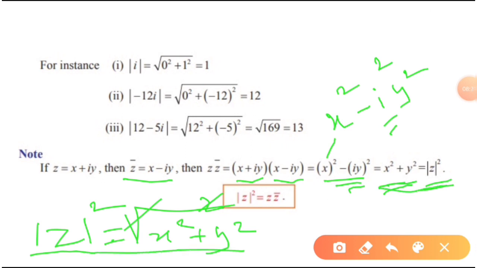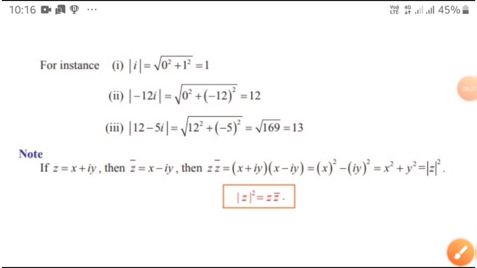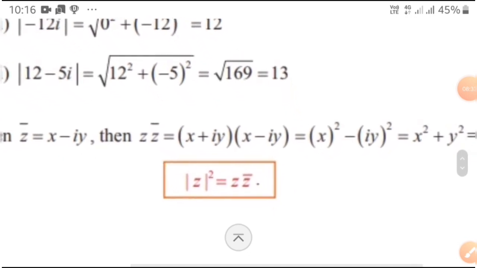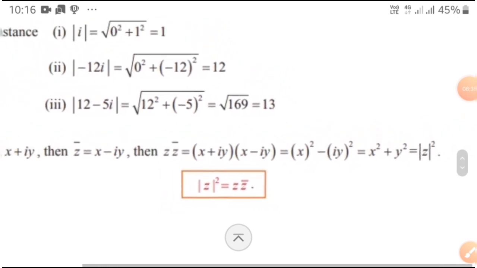Now look here, the modulus of z squared value and z into z bar value are equal. So modulus of z squared is equal to z into z bar.